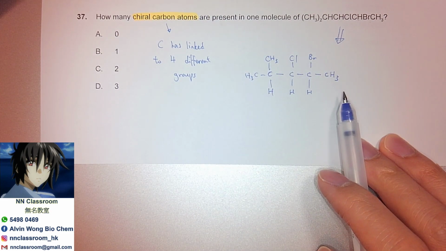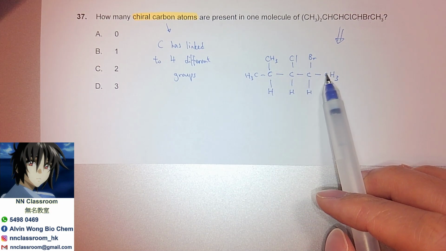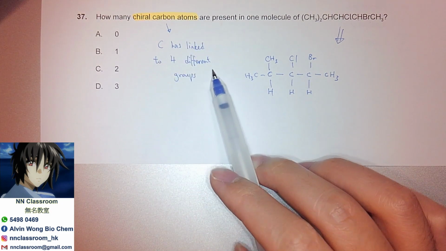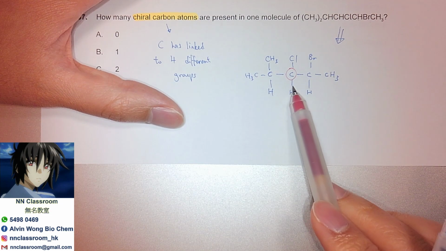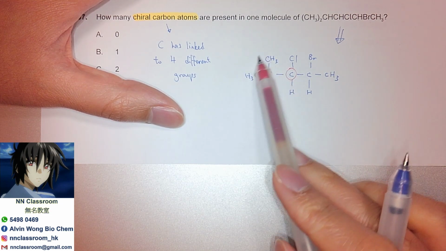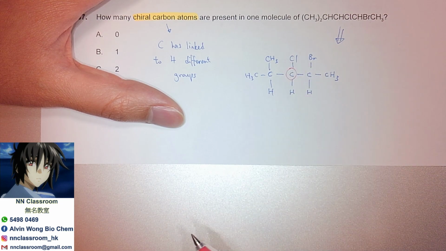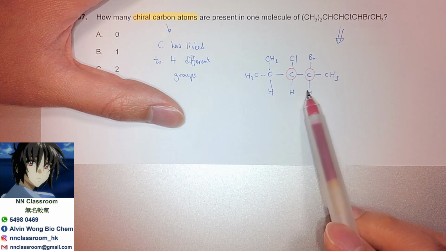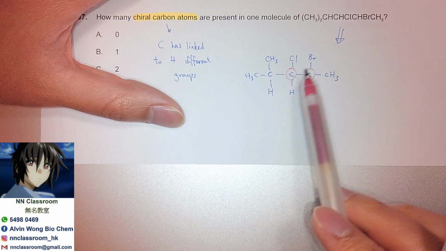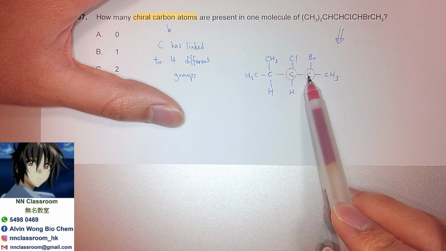So no doubt what you can spot is that all the carbons are located, and the only carbons that have bonded to 4 different groups are only this one, as you can see, one with the H, one with the C, something else, one with the C but another thing else, and a Cl, right? And also this carbon, right? Bonds to CH3, hydrogen, C with a bunch of things, and then bromine. So that's why finally only 2 carbons are chiral.